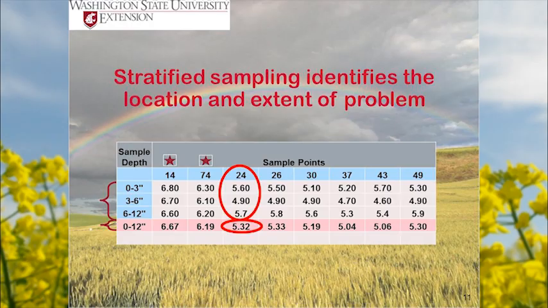One of the things I've tried to do is we sampled in stratified layers so we can begin to see where some of this acidity is actually coming from. So an example here, we did a 0 to 3 inch depth, 3 to 6, 6 to 12, and typically we sample that 1 foot and aggregate it as one sample.